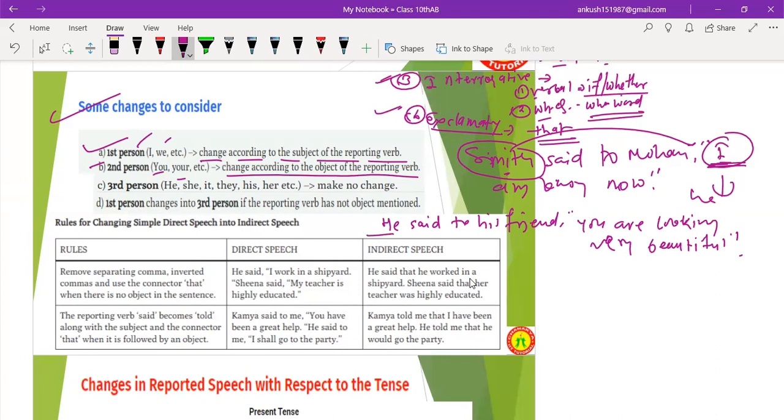Now, he said to his friend. So this friend may be a girl or a boy. Definitely it should be a girl, because girls are beautiful and boys are handsome. These words are also very important. It means this you is used for the girl.